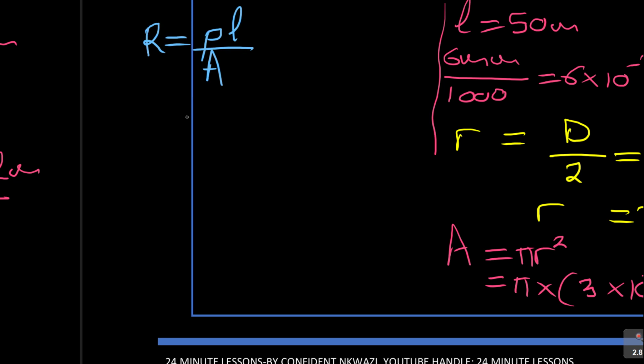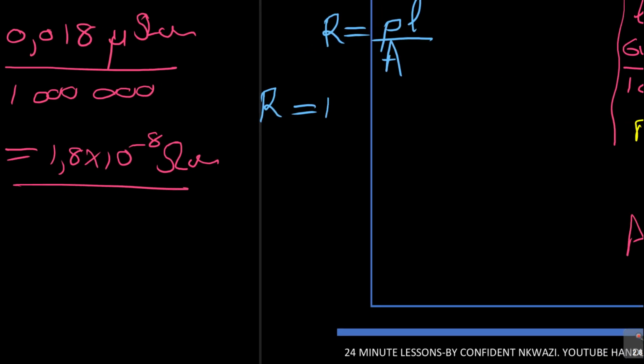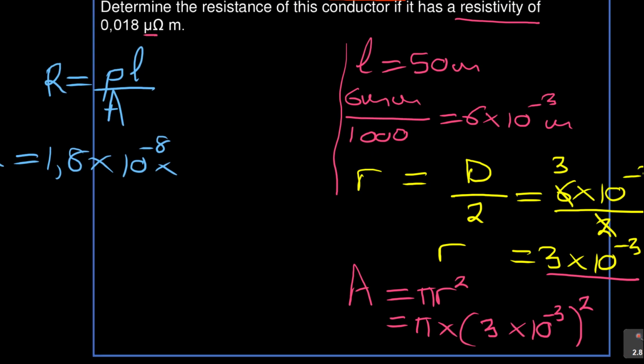And then what do we say? R is equal to P, which is just what we wrote here, 1,8 times 10 to the power negative 8 times the length. They gave us the length, which was 50 meters, divided by what? Area.